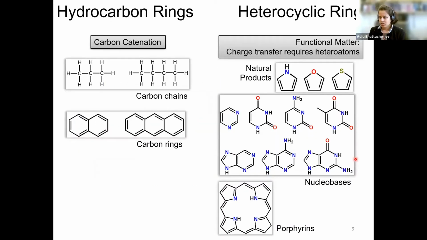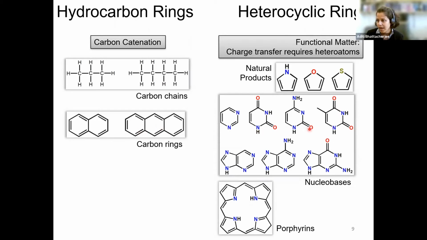And what we are interested in doing, we are organic photochemists, and so we are inspired by carbon as an element in the periodic table, which has the very unique property of linking very easily to other carbon atoms. This is a property known as catenation, which allows carbon to form extended chains or extended rings. If these are composed purely of carbon and hydrogen, these would be hydrocarbon rings, as shown here on the left.